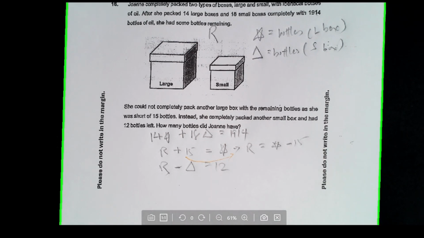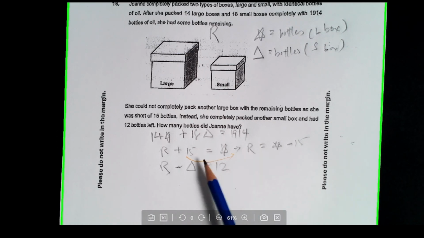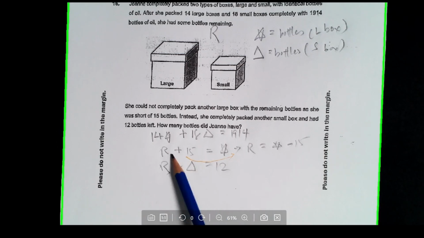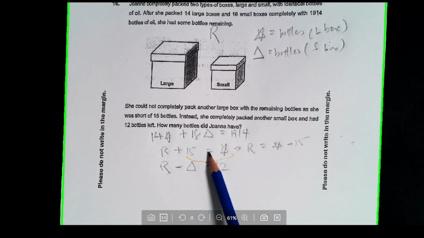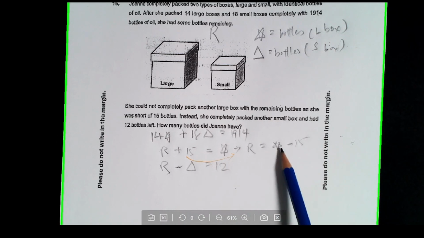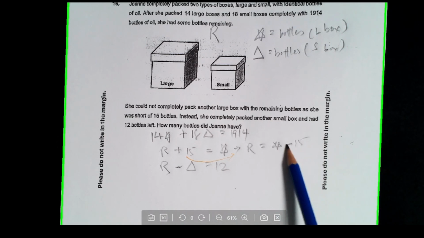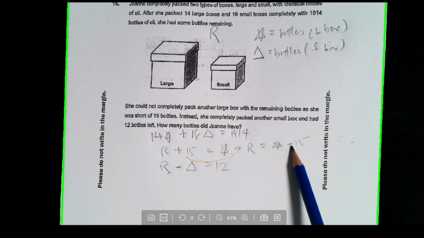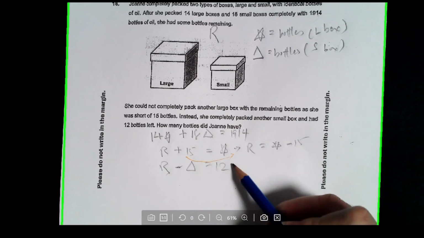Follow so far? I'm just trying to put all the R's on one side and all the stuff on the other side. So, to keep R on this side, 15 must jump across. If you jump across an equal sign, you'll get minus. Plus, if you jump across, will become a minus.